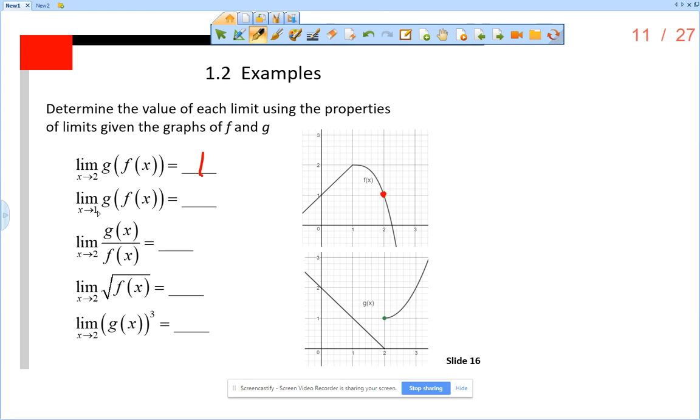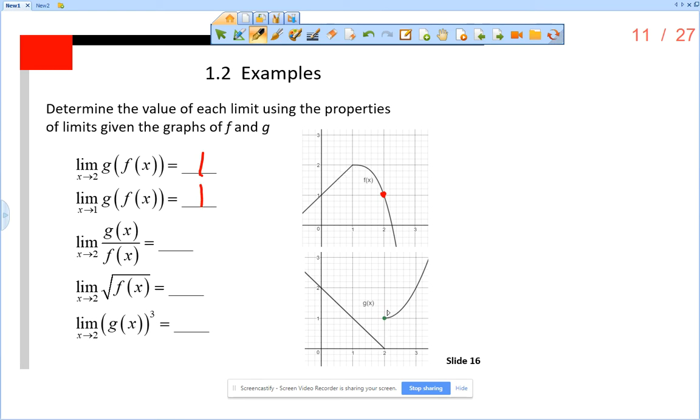Next, the limit as x approaches 1 of g of f. So we want to evaluate the limit as x approaches 1 of f. So here's f. That limit is 2, right? And so I'm evaluating g of the limit as x approaches 1 of f. So that's 2, so g of 2 is, go down here, g of 2 is 1.